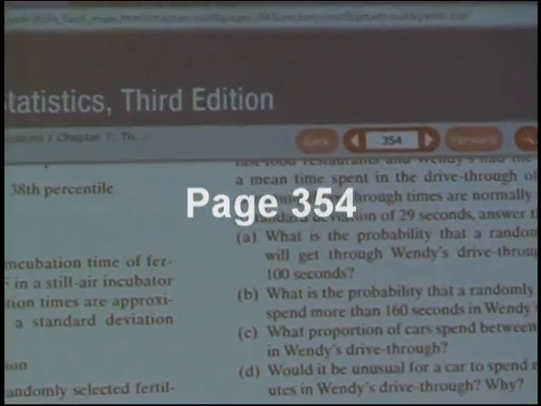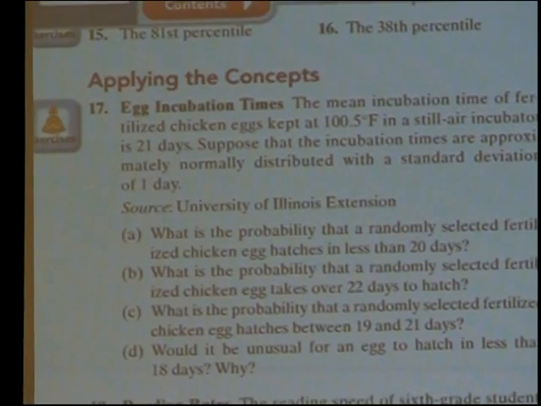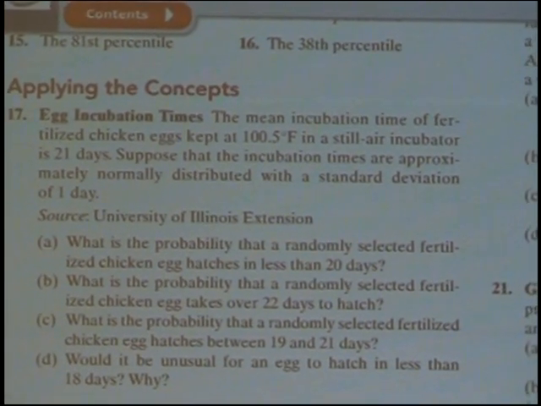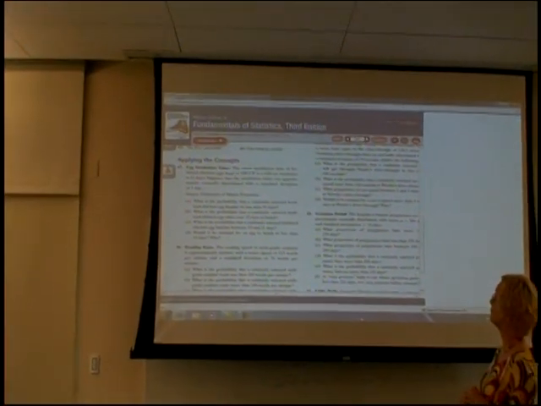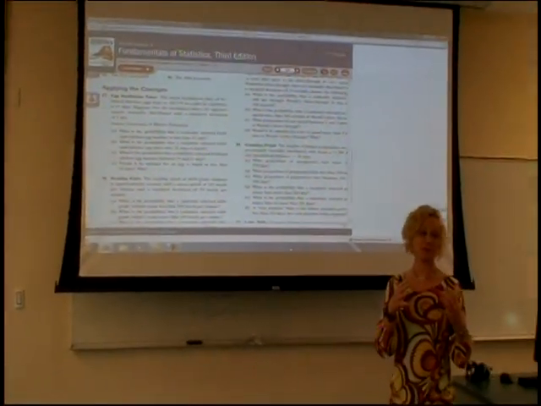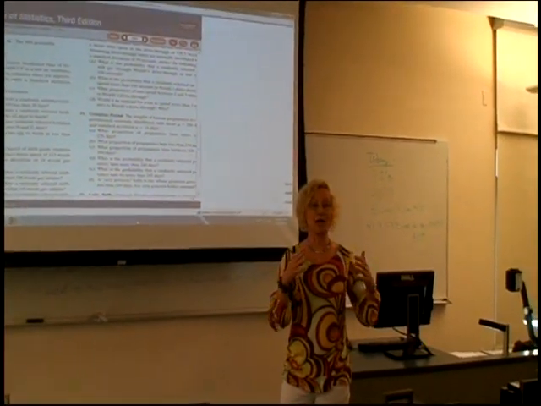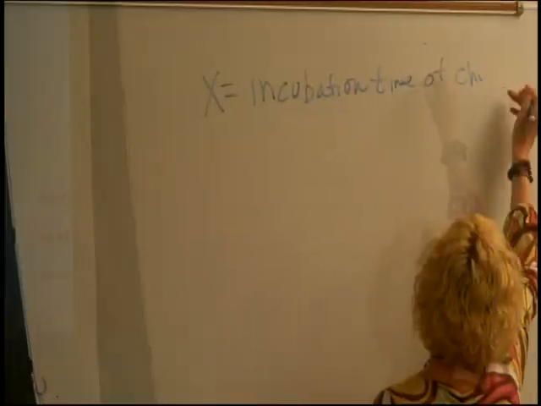It says the mean incubation time of fertilized chicken eggs kept at 100.5 degrees Fahrenheit in a still air incubator is 21 days. Suppose that the incubation times are approximately normally distributed. As we discussed last week, approximately normally distributed and normally distributed are one and the same. So the variable here is the incubation time.